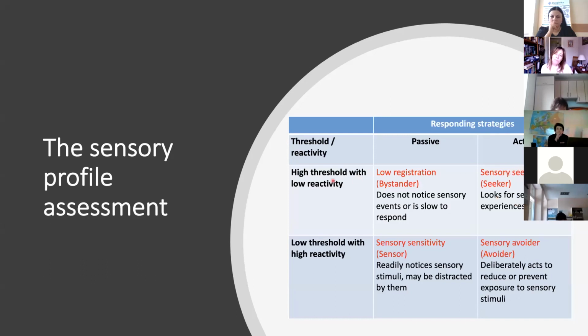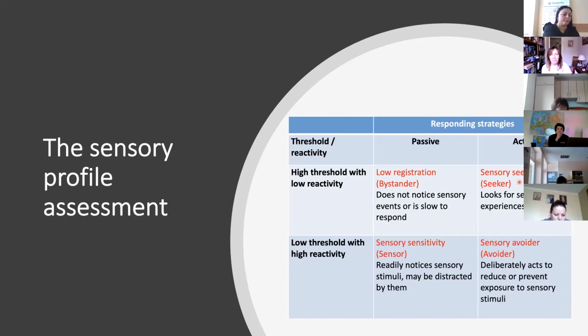So if you're somebody who has a high threshold, that means you need a lot of sensory input before you respond. And you are active, that is that you go out and you seek that sensory information. If you're not getting enough, you go and get it. Then you can be classified as being a sensory seeker.